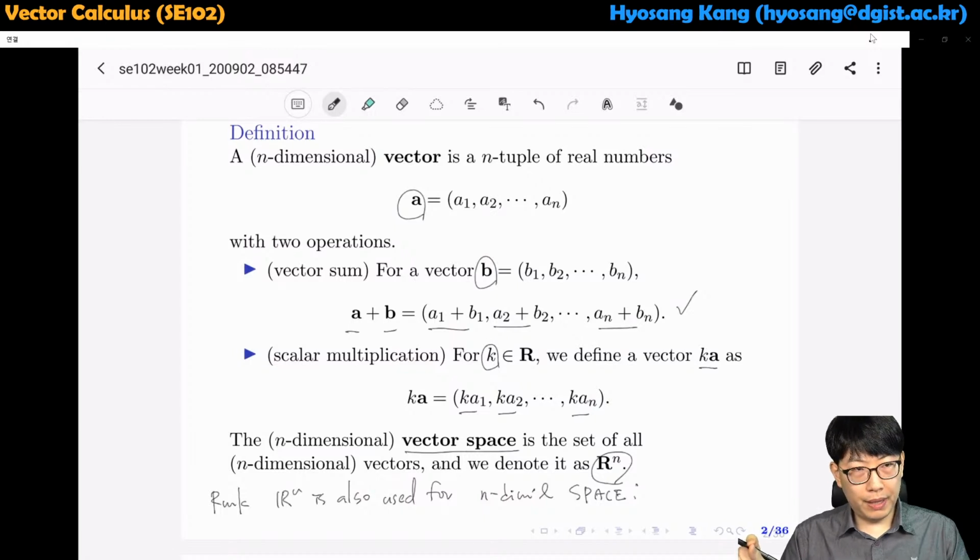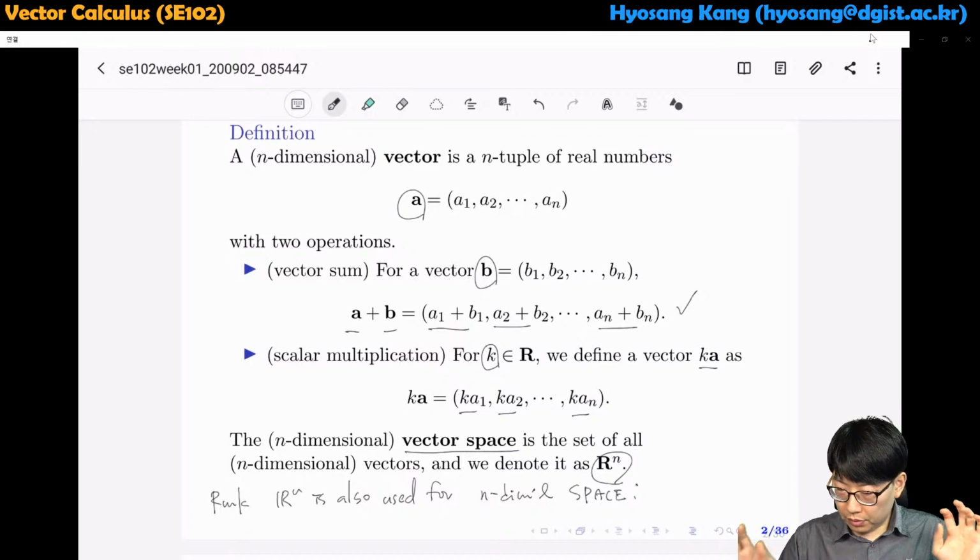But just the space is a set of points, and points are also represented by n real numbers, but points don't require the operations. You cannot add two points, or multiply points by scalar factors.